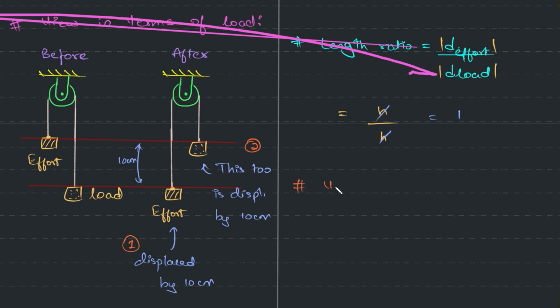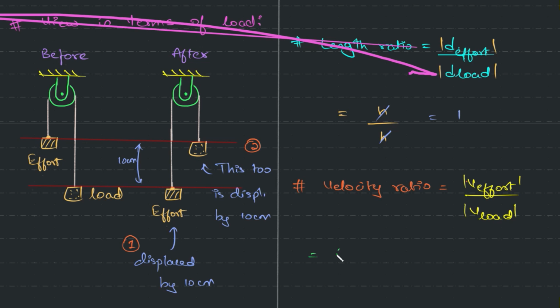Next, we'll define velocity ratio. Velocity ratio is actually this, but I'm going to take it forward in this way. So again, velocity at the effort by velocity at the load, right? Only magnitude is what you're looking at.